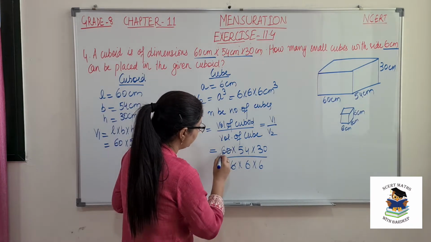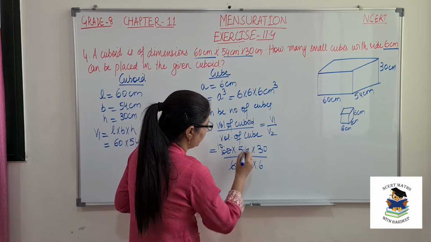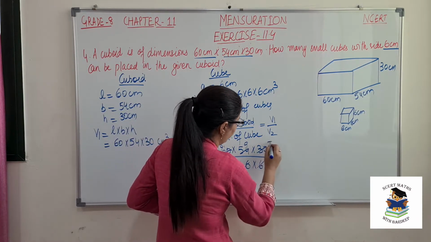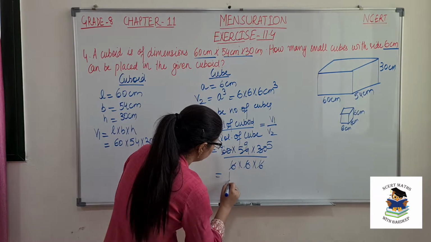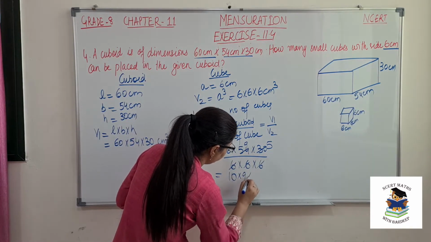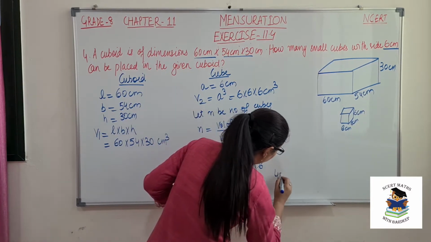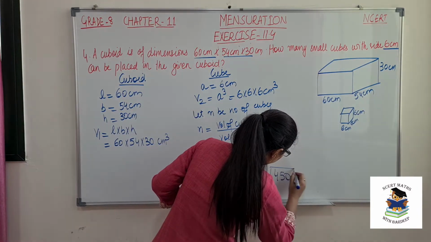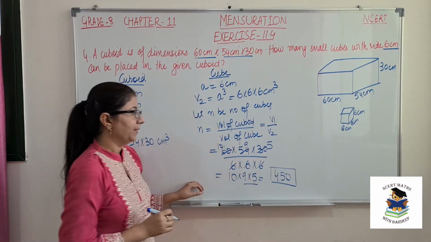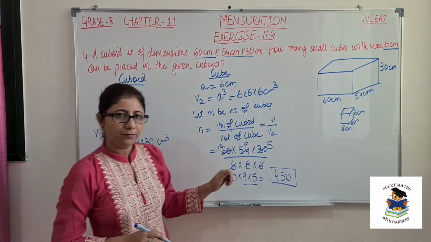So this is 6 tens are 60, 6 nines are 54 and 6 fives are 30. So this is 10 into 9 into 5. 9 fives are 45, 45 into 10 is 450. So this is again one tip for you.